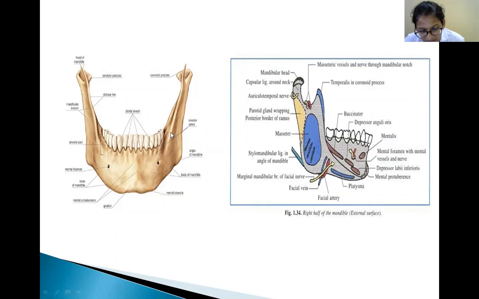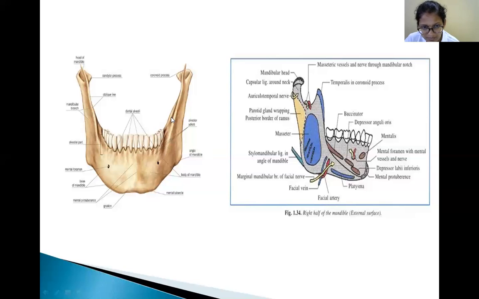The inferior alveolar nerve divides and gives two branches. One is the mental nerve and vessels, and the other is the incisive nerve and vessels. The mental nerve and vessels come out through the mental foramen from the inner surface to the external surface.